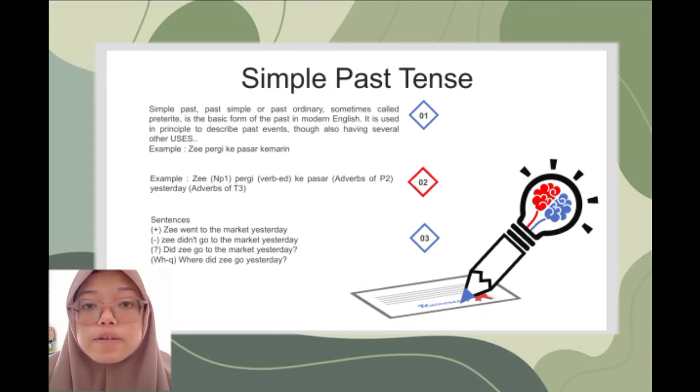Example, Z and P1 pergi verb, ke pasar adverb of P2, yesterday adverb of time 3. Positive: Z went to the market yesterday. Negative: Z didn't go to the market yesterday. Interrogative: did Z go to the market yesterday? Where did Z go yesterday?